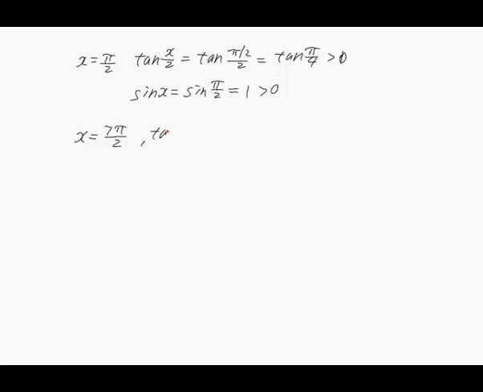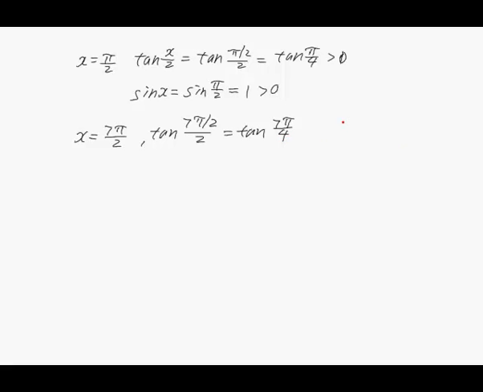So now, in this case, tangent of 7 pi over 2 divided by 2, then you get the tangent of 7 pi over 4. And tell me which quadrant this 7 pi over 4 is in. 4, right?